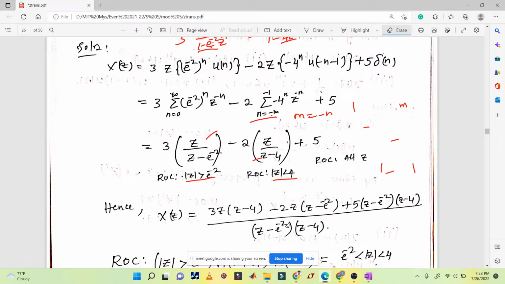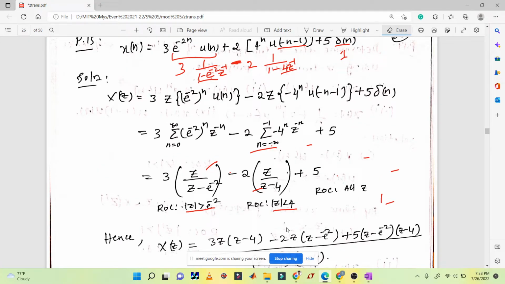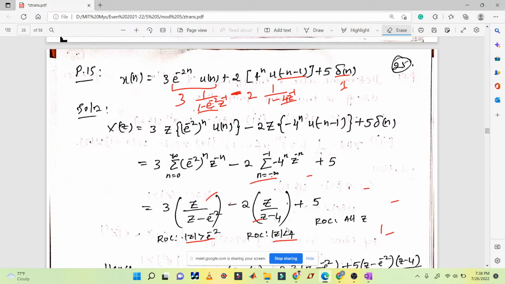So going back to the previous part of our problem, since we have minus here, we are expecting minus not only here, also here. So for that we need to consider only 4 to the power n.